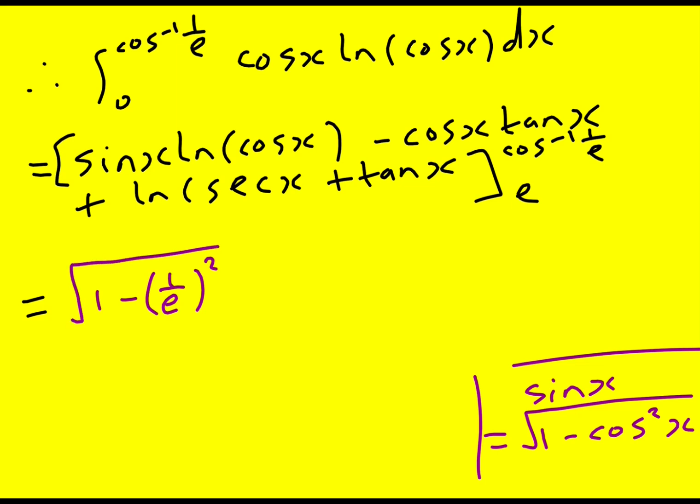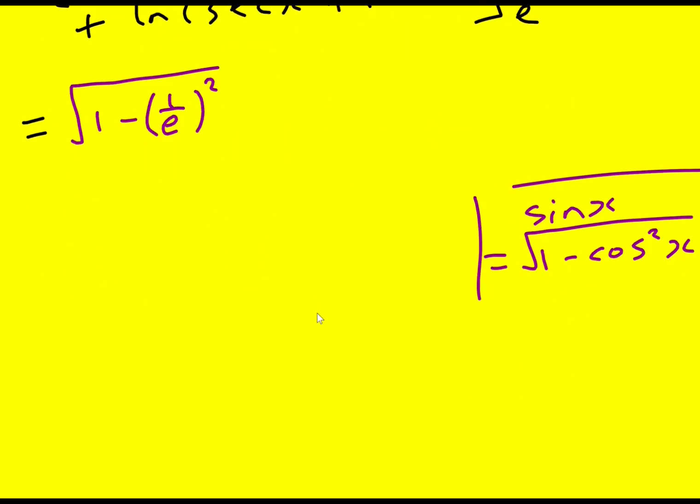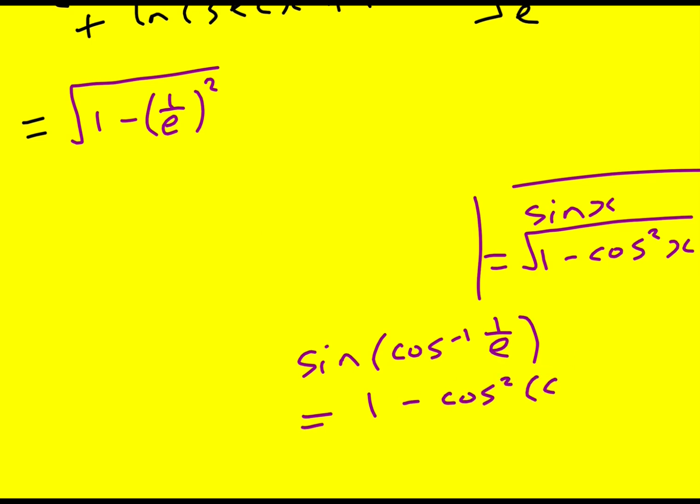So basically I've replaced the sine x by this. Maybe I should just show a little bit more explanation. So sine of inverse cos 1 over e is equal to 1 minus cos squared inverse cos 1 over e, all square rooted. And what I'm trying to say is the cos and the inverse cos are going to cancel out.